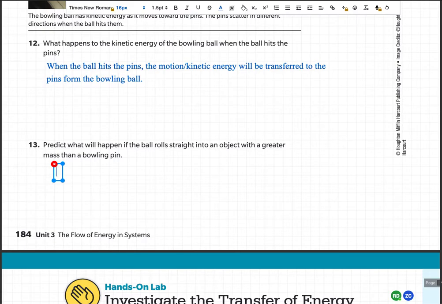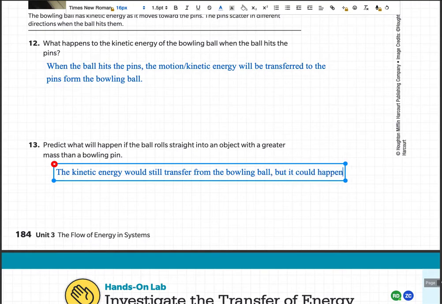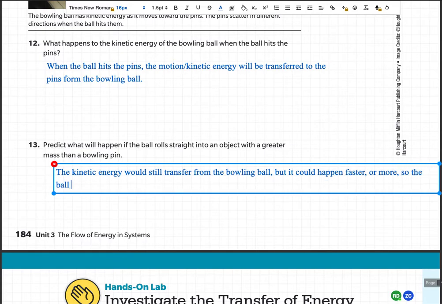So the kinetic energy would still transfer from the bowling ball, but it could happen faster or more, so the ball would slow down faster.